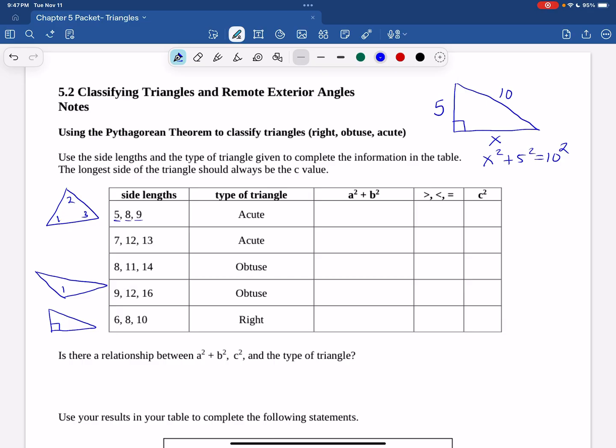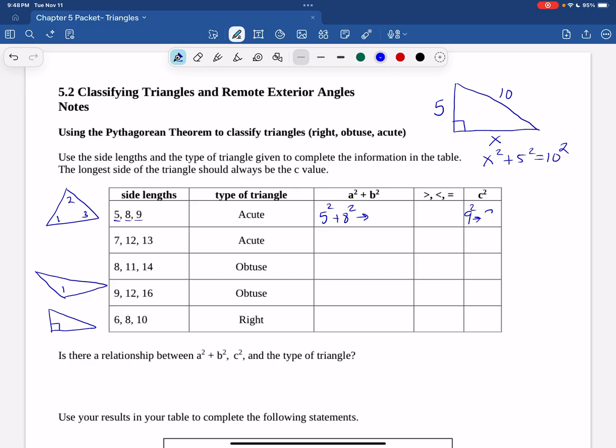So first up, we're going to take 5 and square it, and then add 8 squared. Now, real quick, let me make that just a little bit bigger so we can all see it. So 5 squared plus 8 squared, and we're going to get a value for that. And then we're going to do 9 squared.